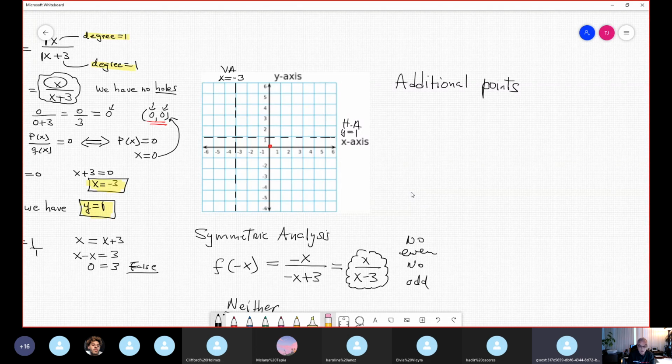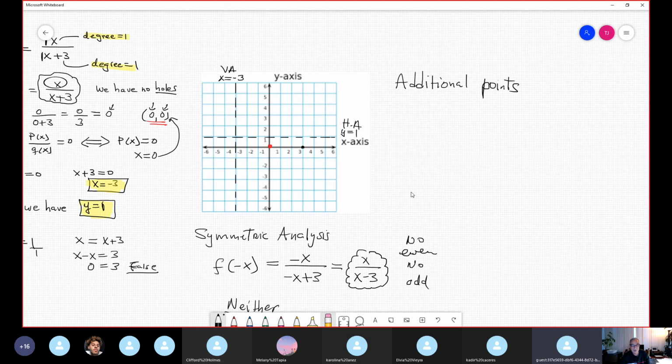So this is similar to the inequality, right? You take the expression that is x divided by parentheses x plus 3, and you evaluate. For example, I pick here 3, because it's a little bit after this point.